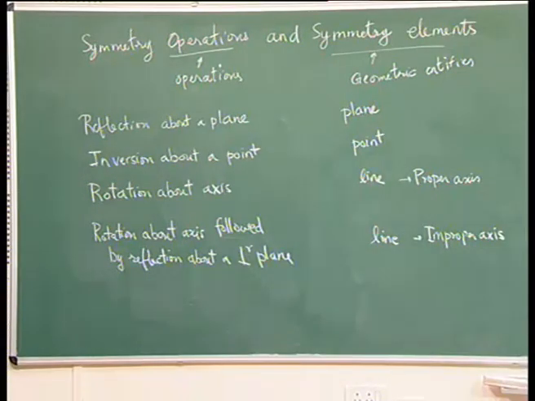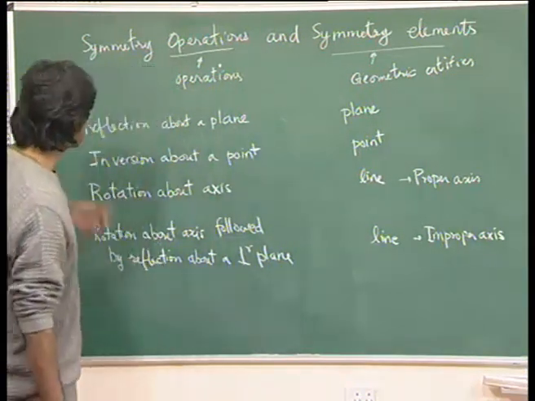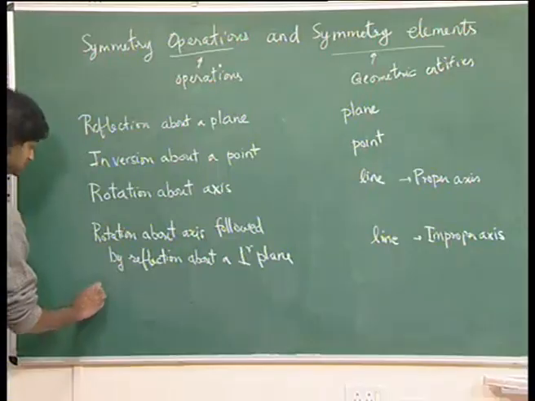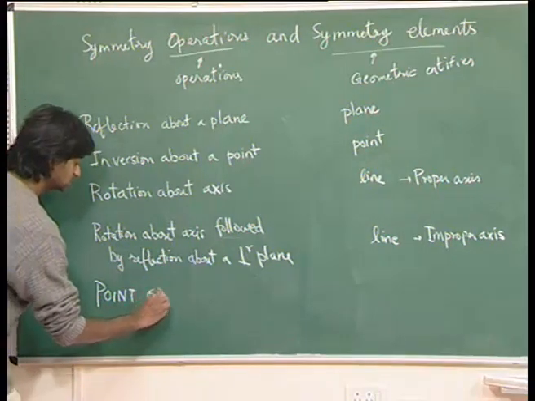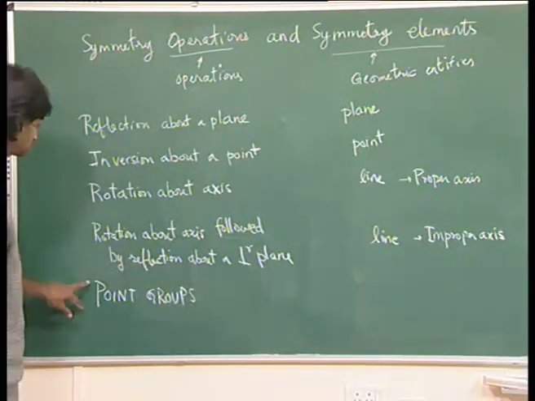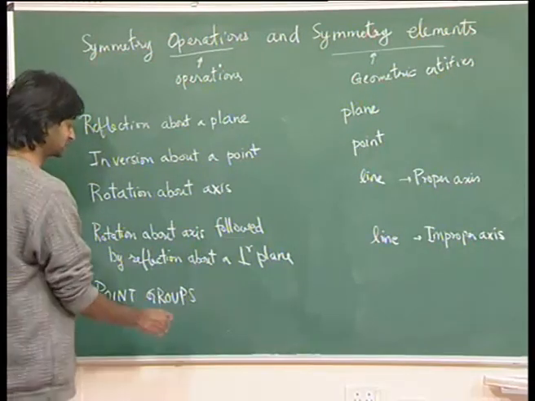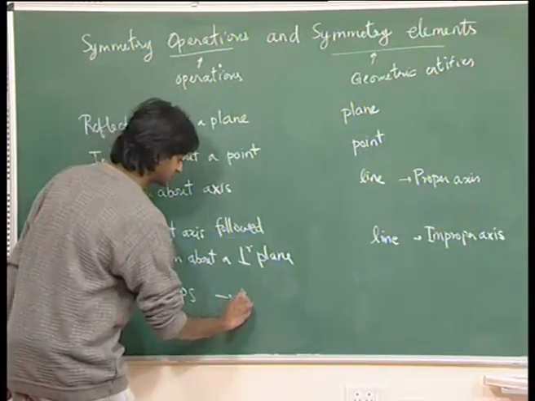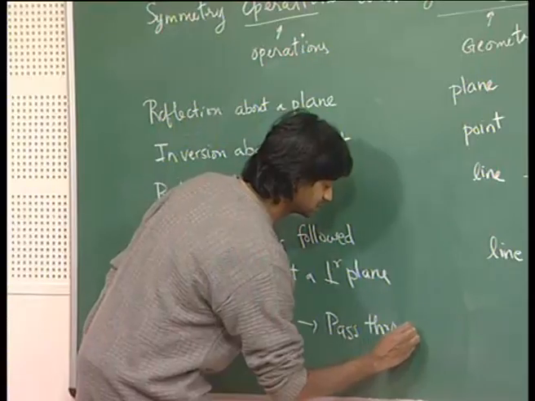So, these are the symmetry elements for any typical molecule, and these are often referred to as point groups. The set of all these symmetry elements for a molecule form a point group, because they pass through one point.